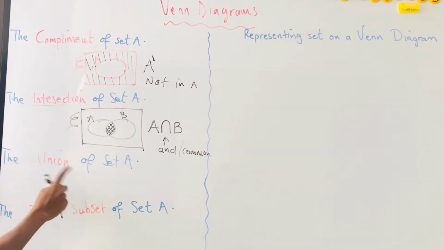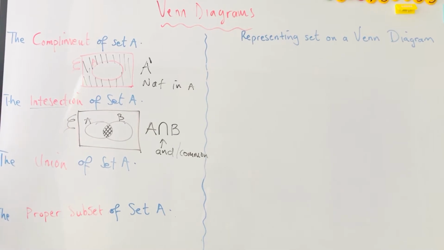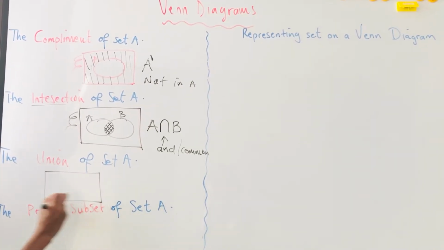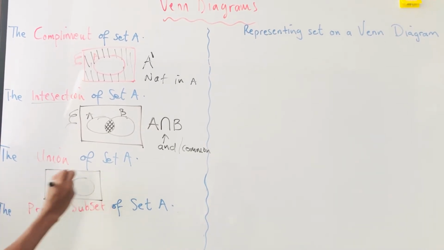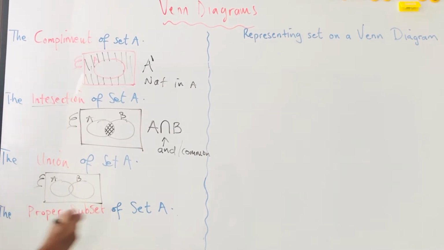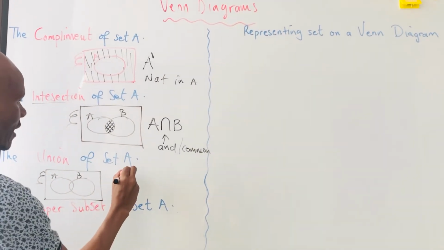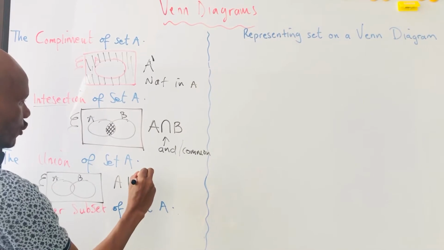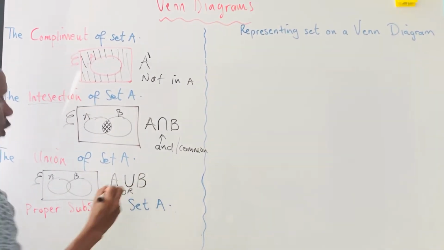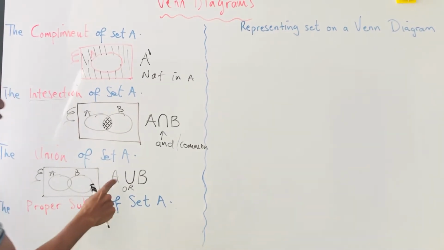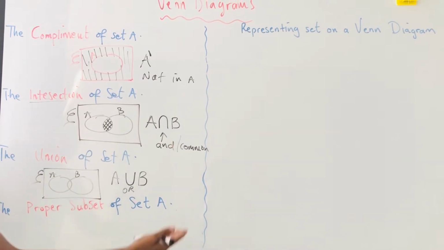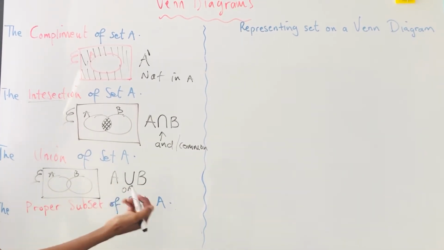Okay, now let's look at union. In union, you have your Venn diagram, and then you have your A and your B, remember? It is denoted as a U, union, so you won't forget. So A union B means you have all regions.